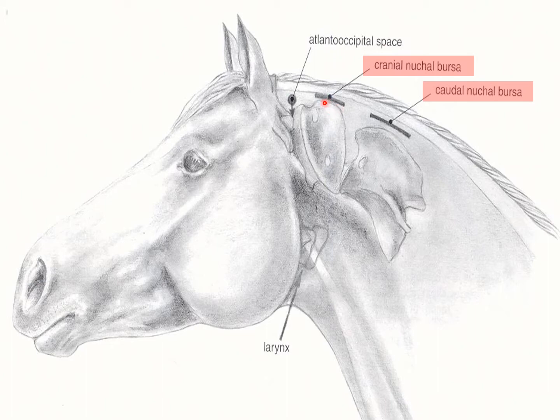So the cranial nuchal bursa is the space between the ventral aspect of the funiculus nuchae and the spinous process of the first cervical vertebra, or the atlas.